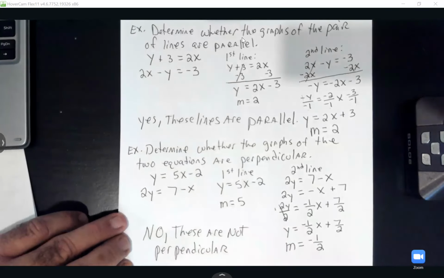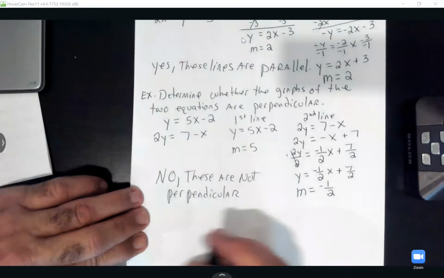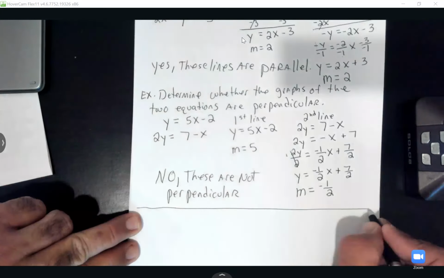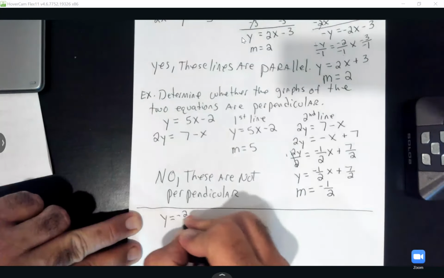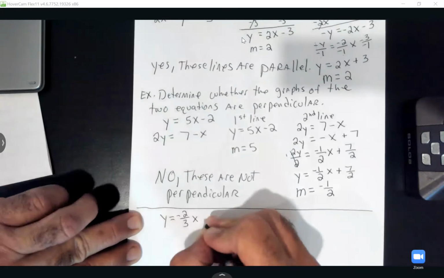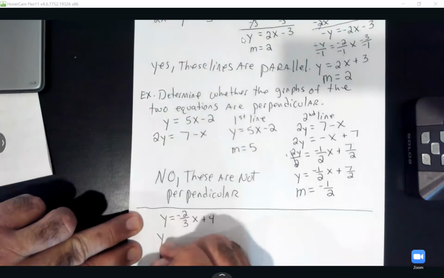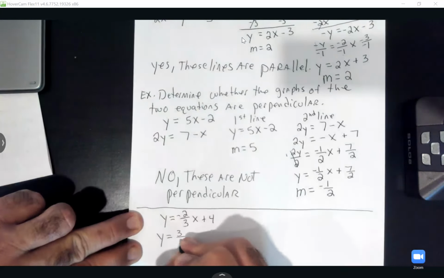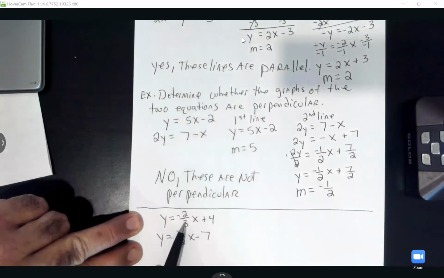Okay. Y'all, I'll show you what two perpendicular ones look like. If I had something like y equals negative 2/3 x plus 4, and my second one had y equals 3/2 x minus 7. These ones would be perpendicular because the slope of the first one is negative 2/3.